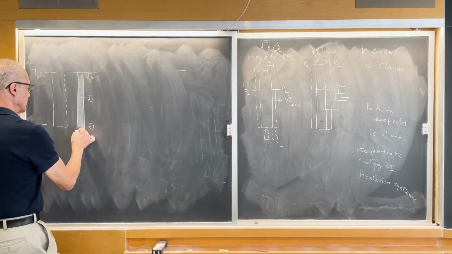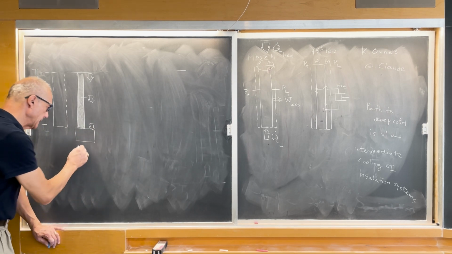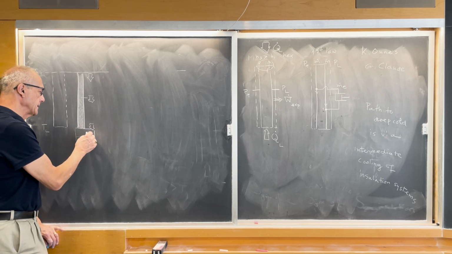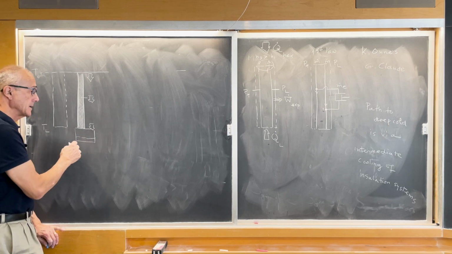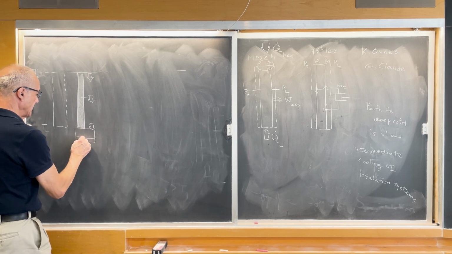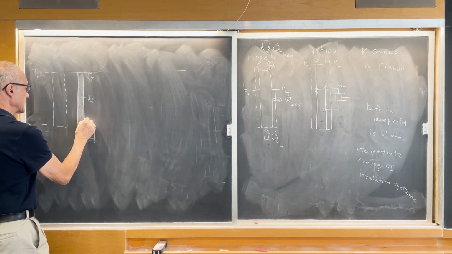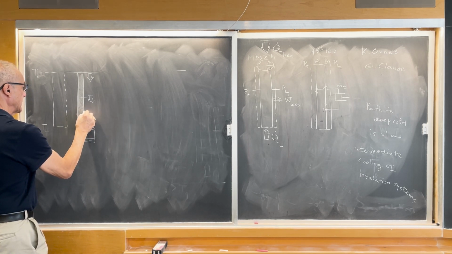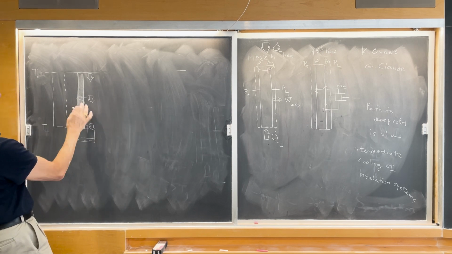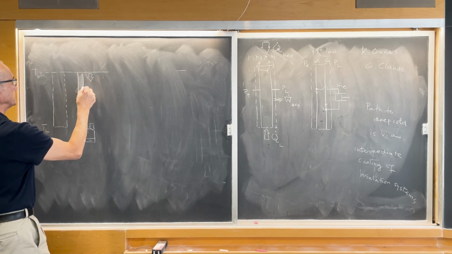If this is the evaporator, then the design consists of capturing a portion of the boil-off gas, a portion of what was, I erased it, coming off the surface here, and placing it in intimate contact with the mechanical support.